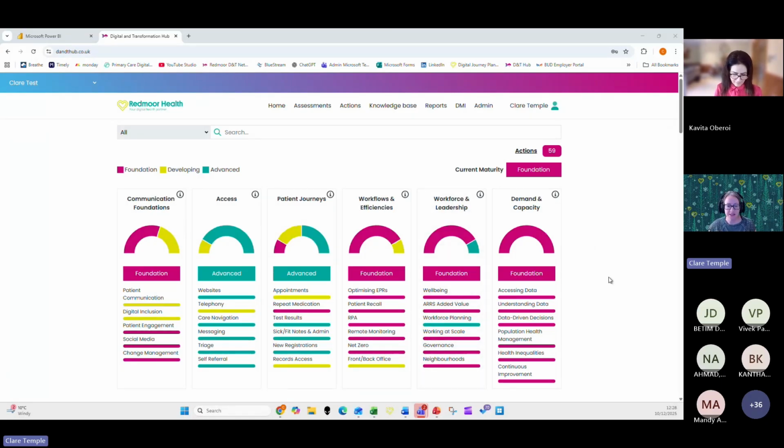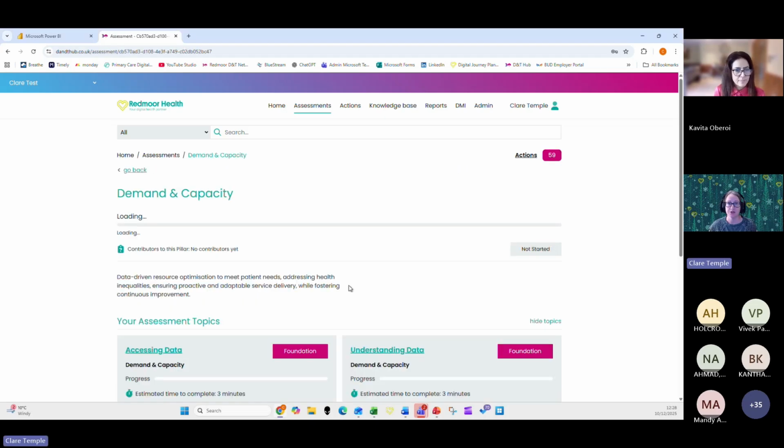So if you haven't seen our hub already, it is a short assessment set for many areas, including communications, access, patient journeys, workflows and efficiencies, workforce and leadership, and demand and capacity. And for each of these topics, you'll then be able to do a short assessment.